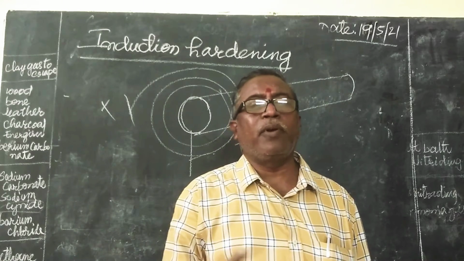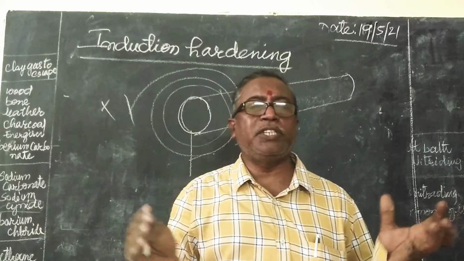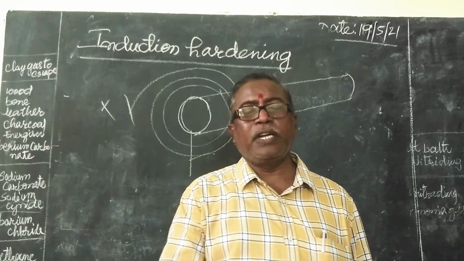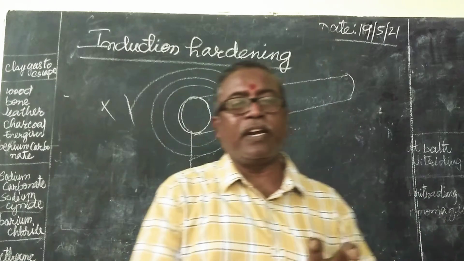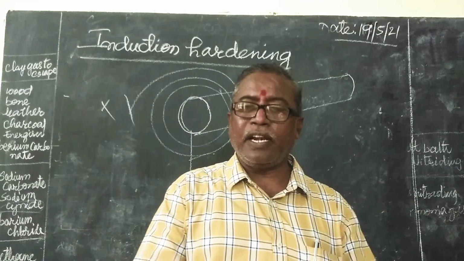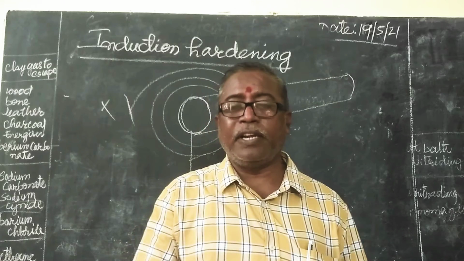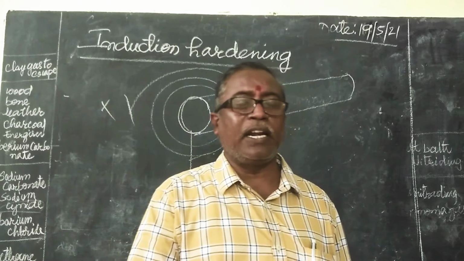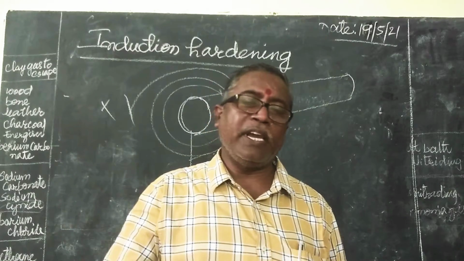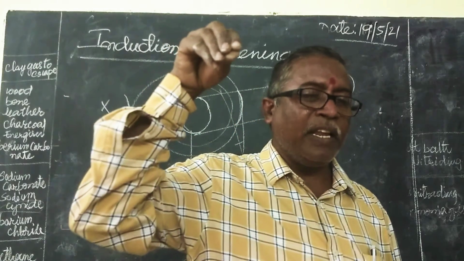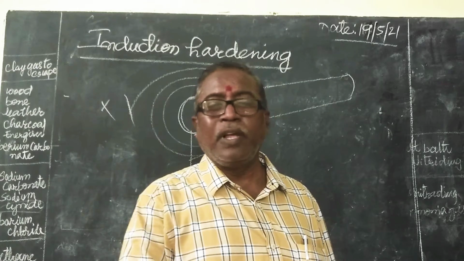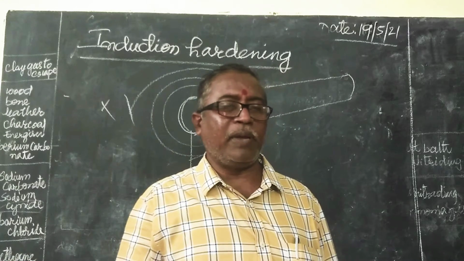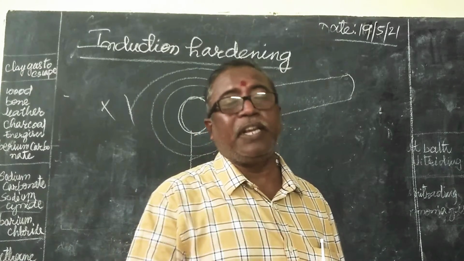When the job rotates, heat is generated between the coil and the job. After getting a certain heat, reddish or whitish color depending on the material, we have to immediately dip it in water or some quenching solution, whatever it may be, depending upon the material.